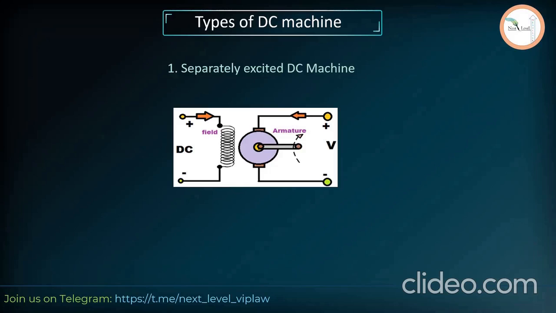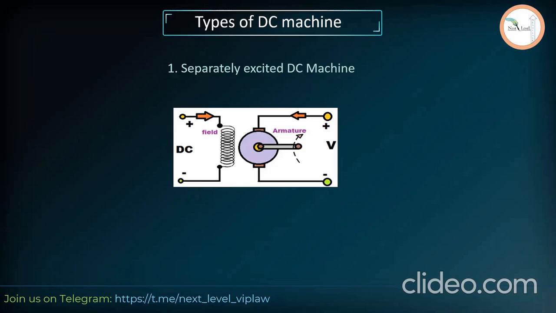Talking about construction of DC machine, we will have two windings. One is for field generation, another is for armature. There are many ways to provide the voltage to the DC field winding, and based on these ways we are classifying the types of DC machine.